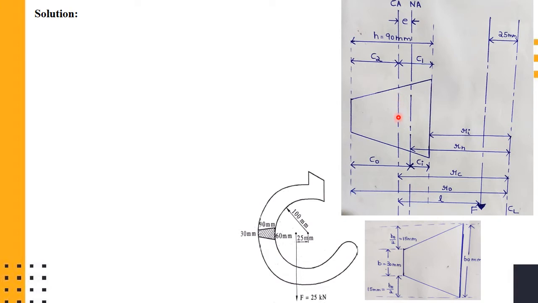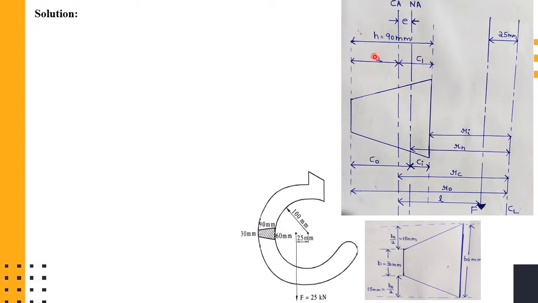That's why an imaginary line was drawn here, considering the centroid will be around here. We are not drawing accurate lines here, so approximately I have drawn the centroidal axis here. This is where the centroid will be present in a trapezoidal cross section.